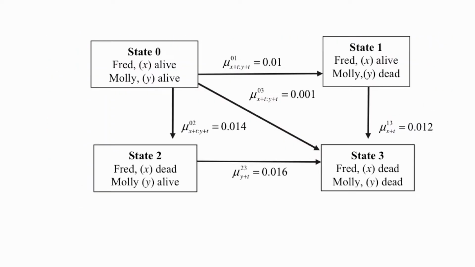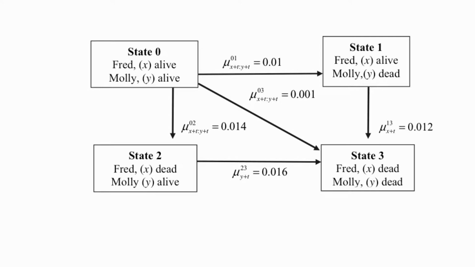Here's the picture of that common shock model. We have states 0, 1, 2, and 3. State 0 is when both Fred and Molly are alive. State 1 is when Fred is alive, Molly is dead. State 2 is when Fred is dead, Molly is alive. And state 3 is when they're both dead.